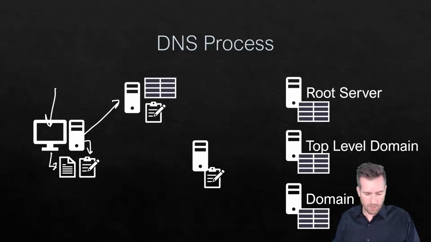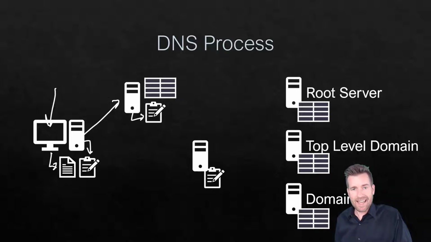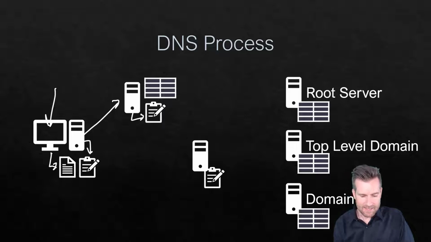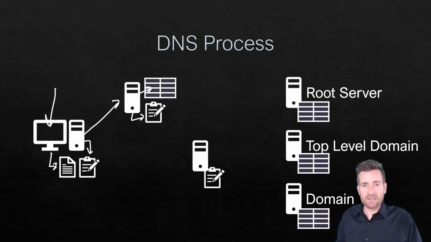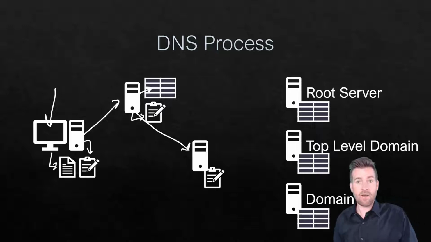Your company is going to take a look at its cache and say, is this somewhere in my cache? If not, is this a domain that I'm hosting? And if not, then it's going to request it from its forwarder or directly from the root server.